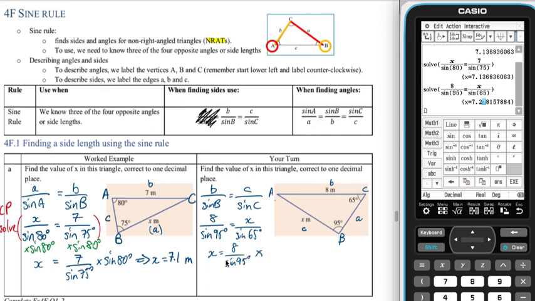So we multiply by sine 65. Okay, the working's catching up now. I almost want to write it out. Times sine 65, come on.